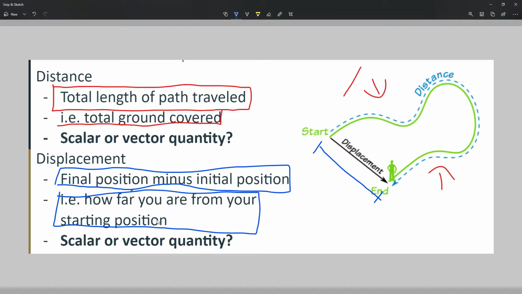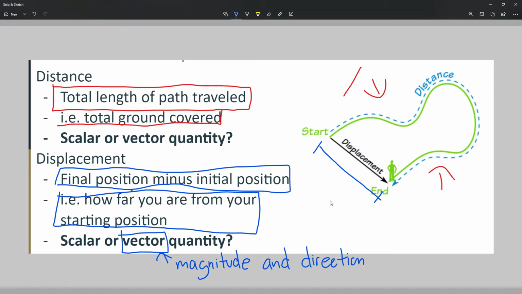Now, displacement is a vector quantity. Why? Well, if you recall from the last lesson, lesson 1.1, vectors have both magnitude and a direction. You need a direction for your displacement.